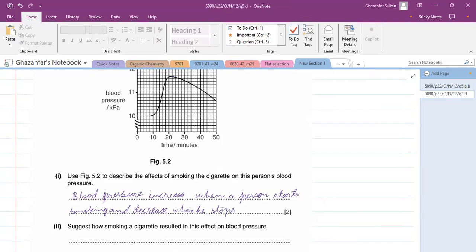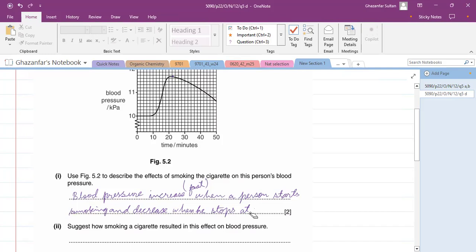But another important thing that we should note is that the rate of decrease is lesser. Blood pressure increases fast when a person starts smoking and decreases slowly when he stops smoking, at or after 20 minutes.